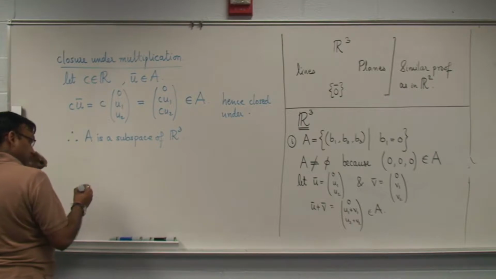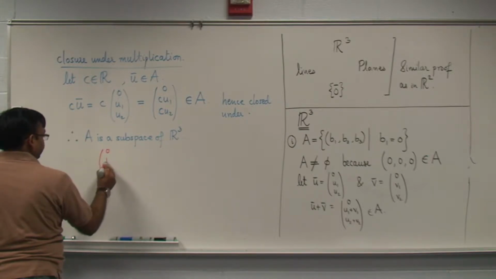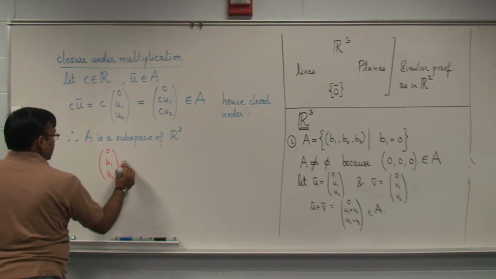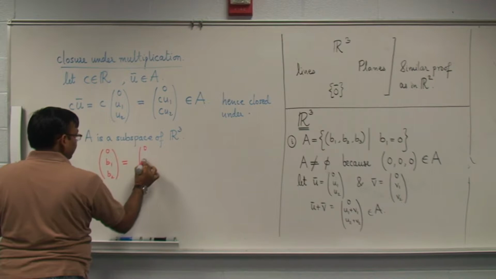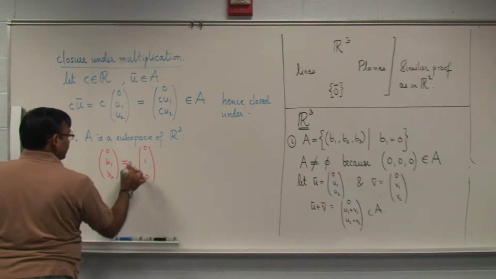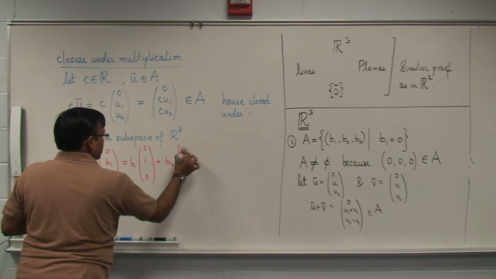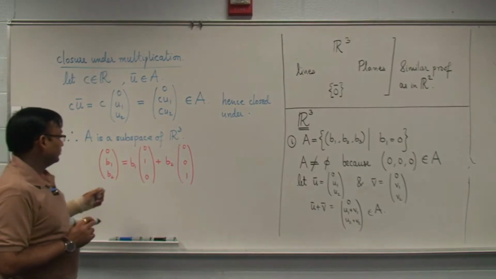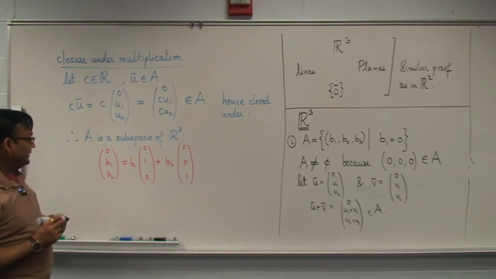So if you look at this A, let us consider a typical vector in A: (0, v1, v2). Okay. Now can I split it like this? Can I write this guy as (0, 1, 0) times v1 plus (0, 0, 1) times v2? If you remember, we used to write our solutions to system of linear equations in this kind of a format.